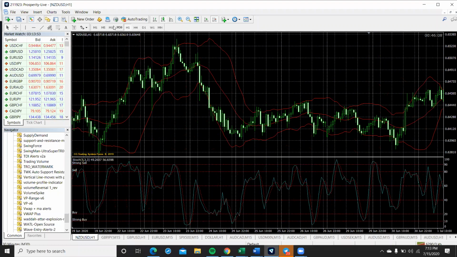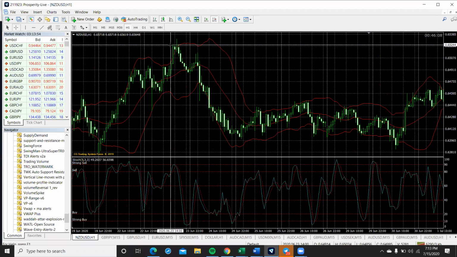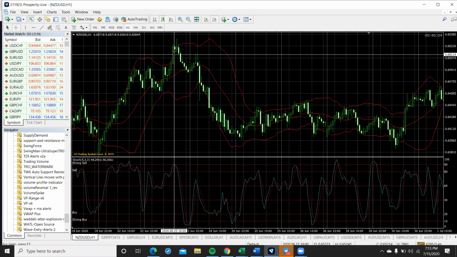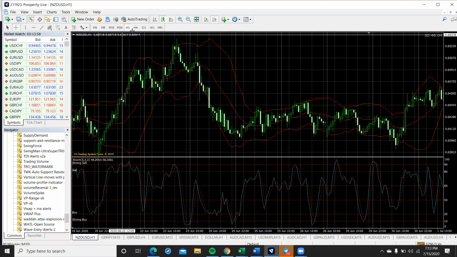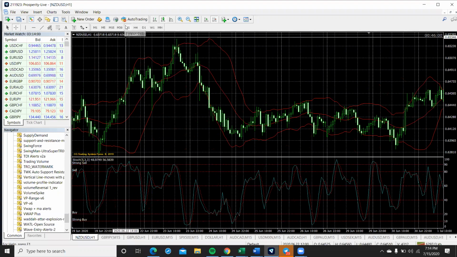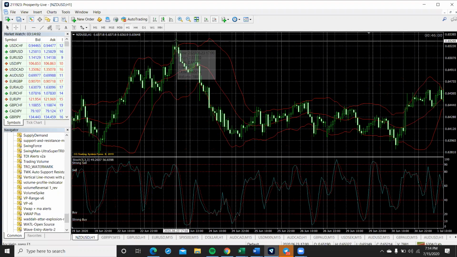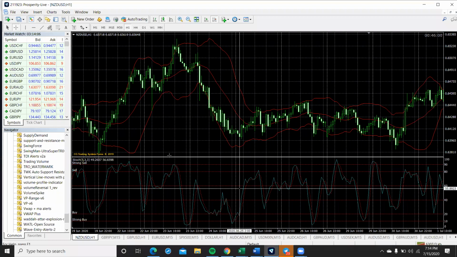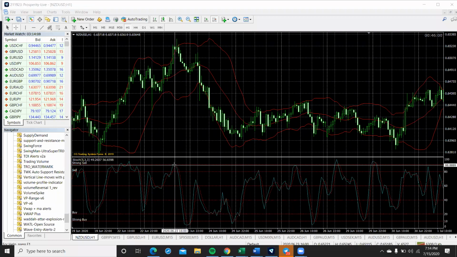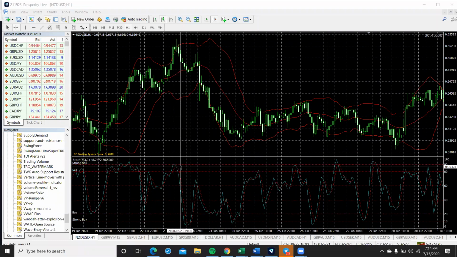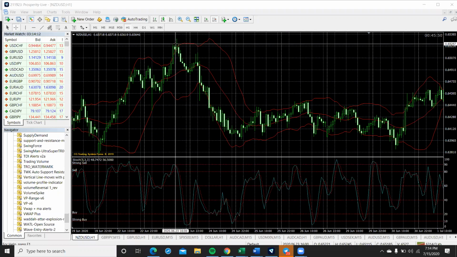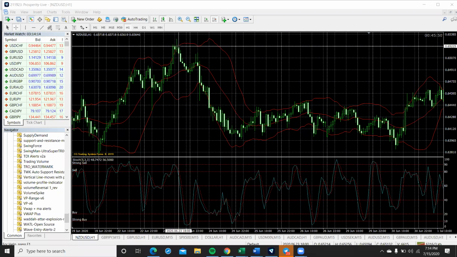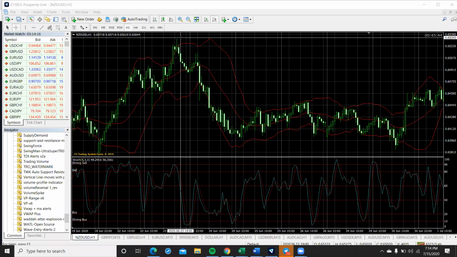So, pretty simple strategy. Once again, the rules: let the price come to the outer band. I like it on the hour to 4 hours. Let it come outside of the band, wait for the price to start turning over, and then enter. Give it about a 20 to 25 pip stop.